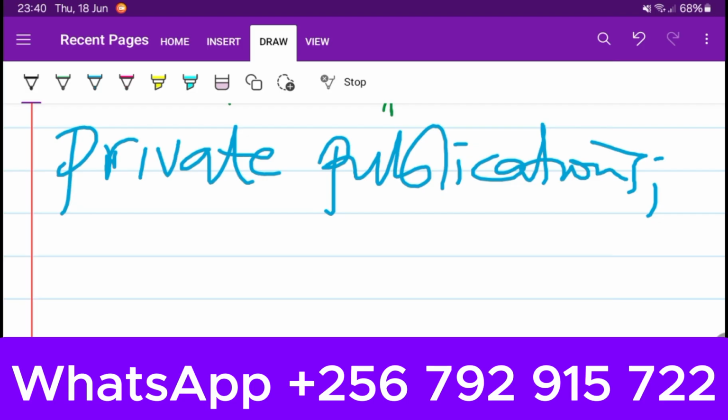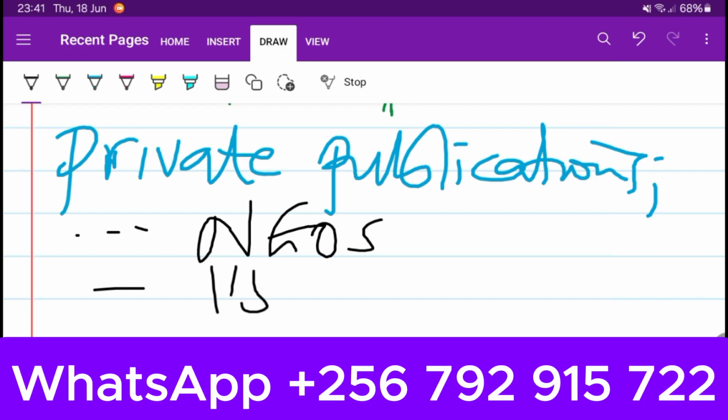For example, we can have maybe Uganda Securities Exchange. We can have things like NGOs, non-government organizations. We can have USE, that is the Uganda Securities Exchange, and so many other private companies that publish information.